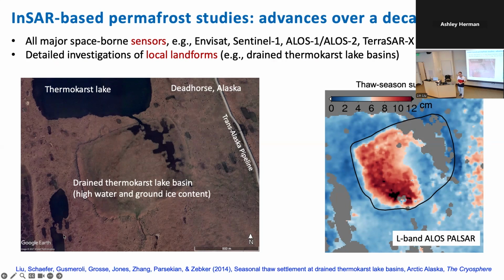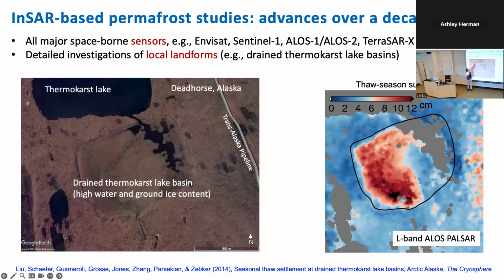it's not just one particular sensor; there are different spacecraft that carry similar radar sensors, as I shared earlier. This example shows that we can use the Japanese L-band SAR sensor called PALSAR, and in addition to looking at very large areas, we can focus on very small areas. This is still north of Alaska, showing the pipelines. There are numerous thousands, not tens of thousands, of lakes formed because of the thawing of permafrost.